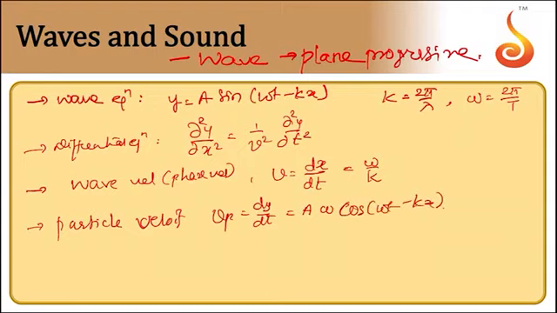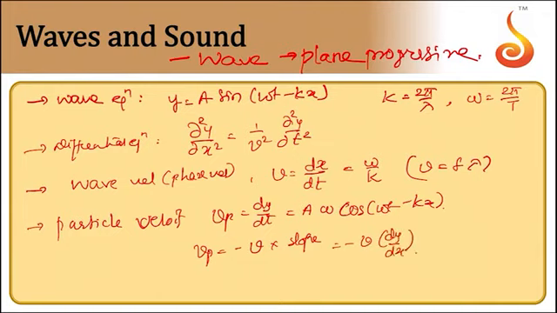So this wave velocity v is also given by f lambda, as you all know. Particle velocity is related to phase velocity or wave velocity through this equation. Vp is equal to minus v into the slope of the y versus x graph. So this is minus v into dy divided by dx.